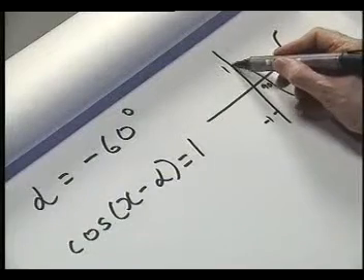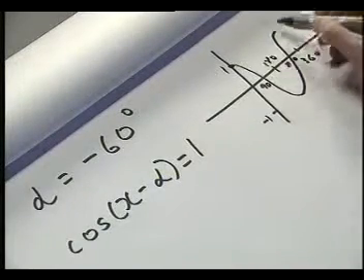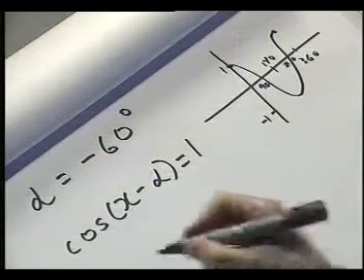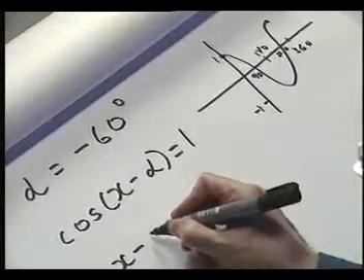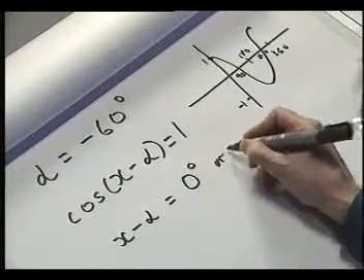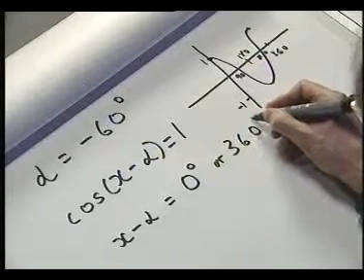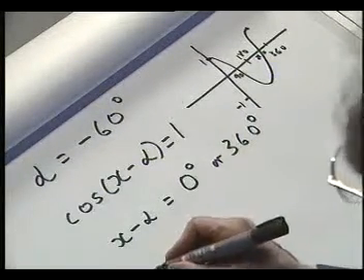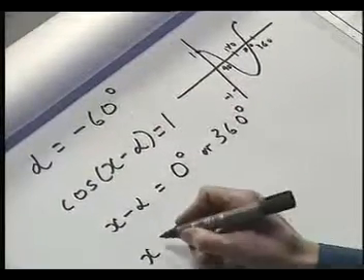So what we can see there is that the angle whose cosine is 1 is either 0 degrees or 360 degrees. So x minus alpha is equal to 0 degrees or 360 degrees. What is alpha? Well, it's minus 60.